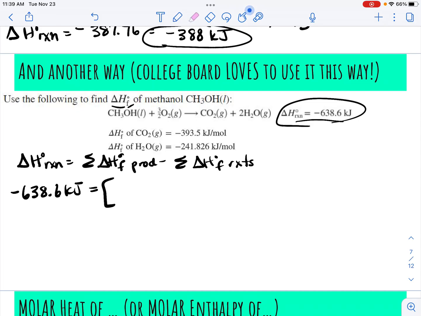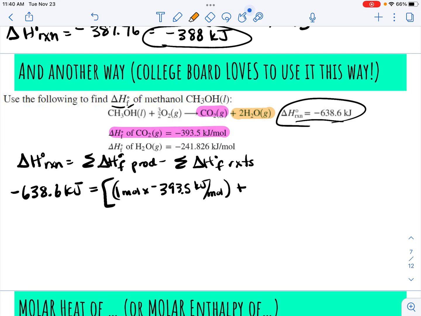So my products are the carbon dioxide gas, and they give me the standard heat of formation of that here, and I have 1 mole. So this would be 1 mole times negative 393.5 kilojoules per mole, plus my other product, which is the water vapor.